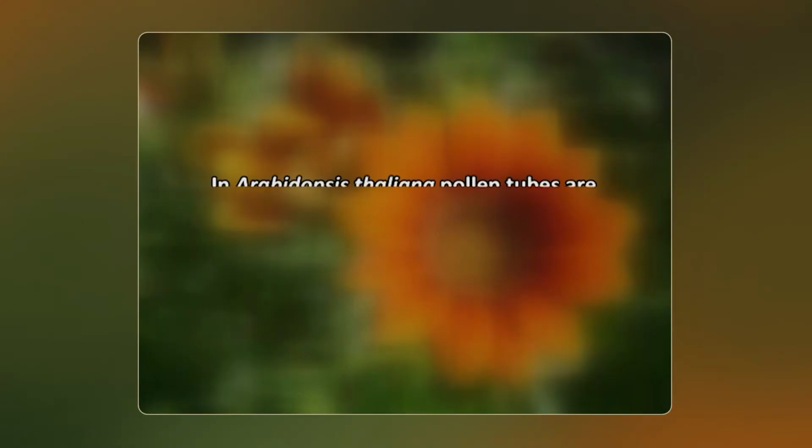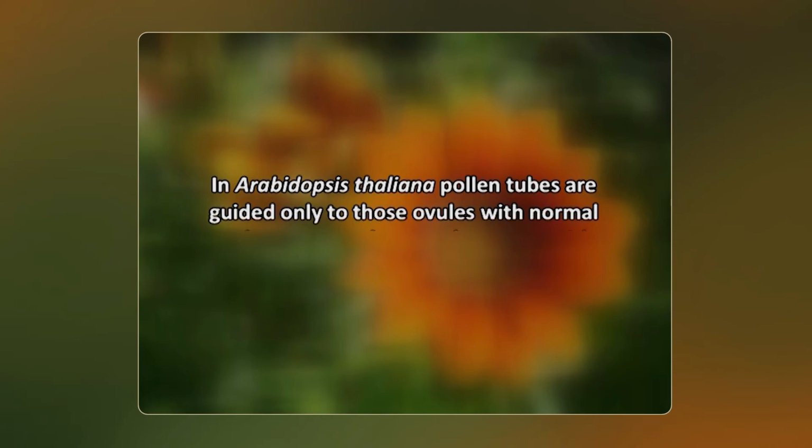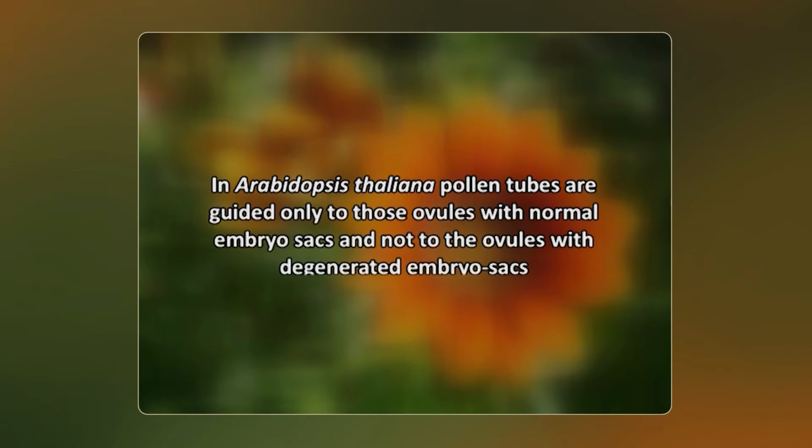The role of embryo sacs in pollen tube guidance is clear from the studies on Arabidopsis thaliana, where pollen tubes were guided only to those ovules with normal embryo sacs and not to the ovules with degenerated embryo sacs.